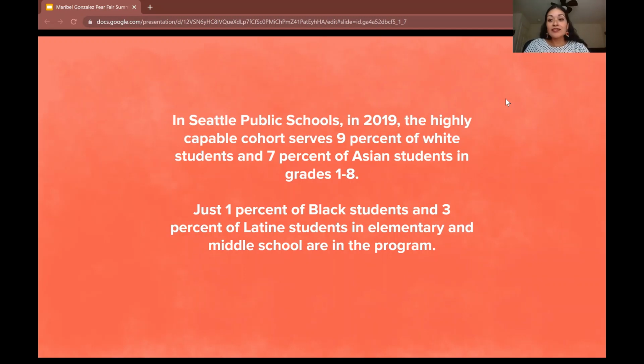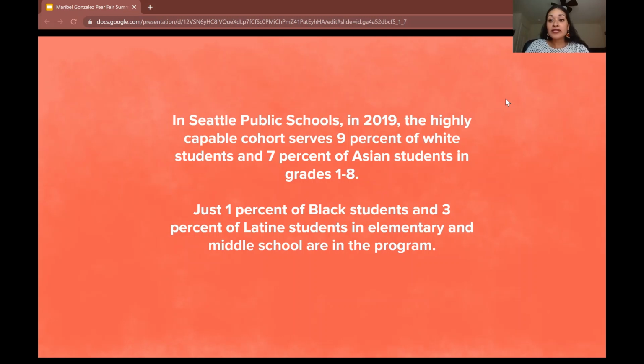Tracking is a way for racism to persist in many, many school districts across the country. In Seattle Public Schools in 2019, the highly capable cohort served 9% of white students and 7% of Asian students in grades 1st through 8th, and just 1% of Black students and 3% of Latina students in elementary and middle school are in the program.